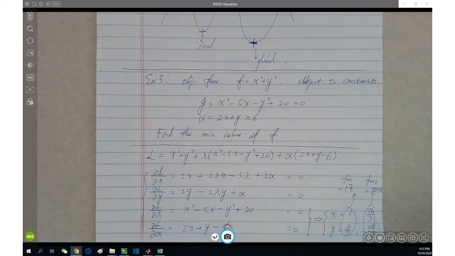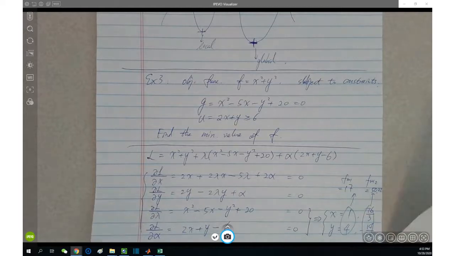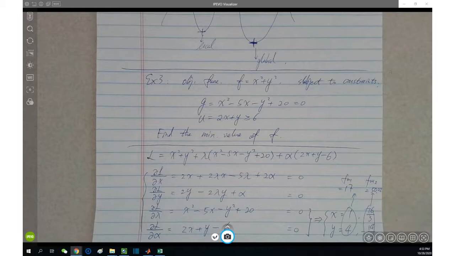Jumping back to there. I got 16 divided by 3, which is 5.333 for y. We're just substituting y equals 2x. Oh, that's a positive there. Yep. Okay, I see.